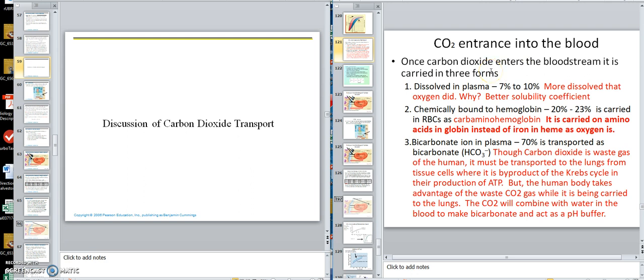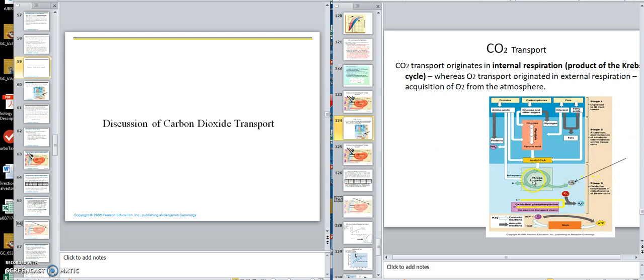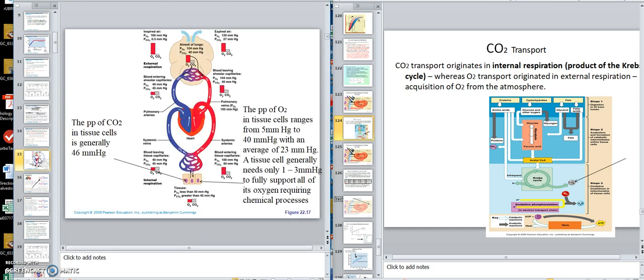Now, first of all, we're going to pick up carbon dioxide down here at the bottom. In other words, we picked up oxygen because it came in through the lungs. Okay, we picked up oxygen there. But I'm going to pick up carbon dioxide down here. So I'm going to start with internal respiration because that's where CO2 is produced.